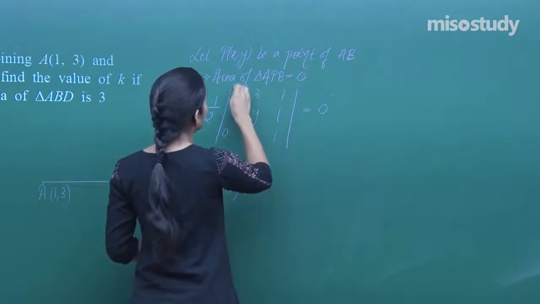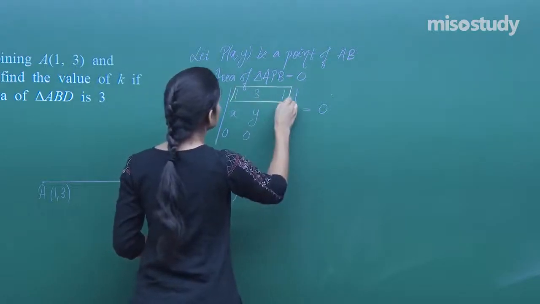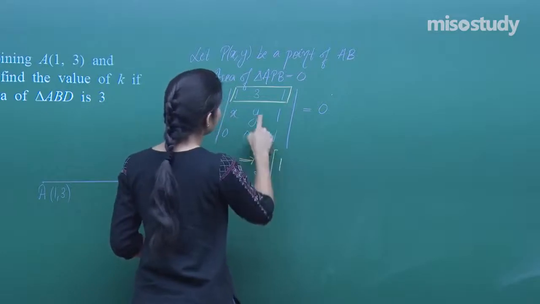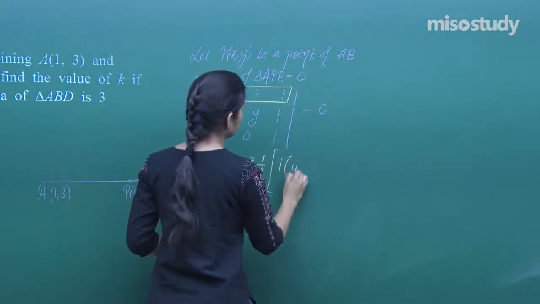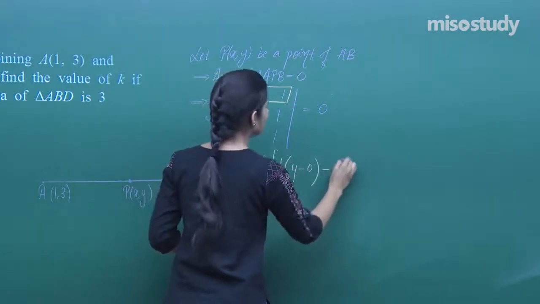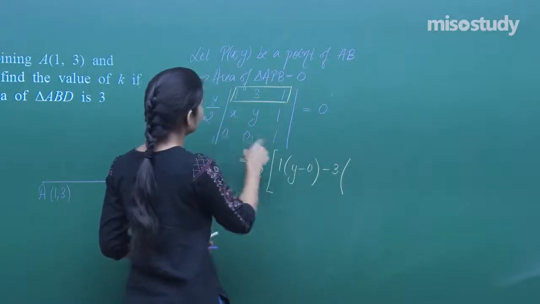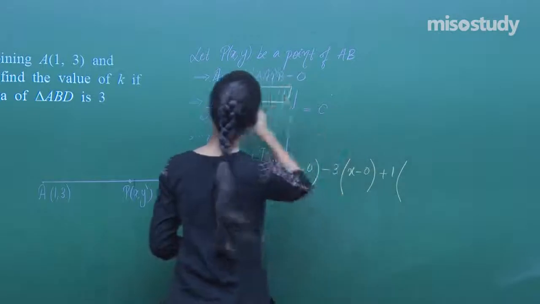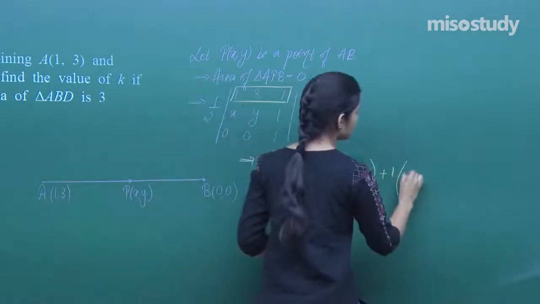Compute. If I compute it along this, I get 1 by 2 times: 1 times (y minus 0), minus 3 times (x minus 0), and then plus 1 times (0 minus 0).